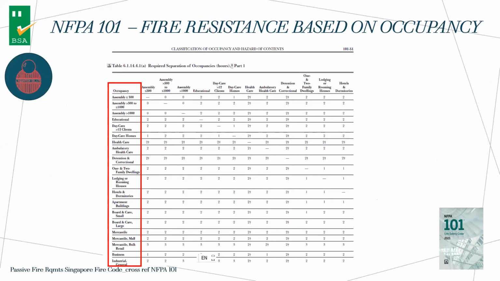NFPA 101 also has different uses: assembly, mercantile, detention, which is a prison probably, ambulatory, which is healthcare. And between two spaces, let's say between a mall and a hotel, you need a 2 hour fire separation, a compartment. That's how the NFPA works.